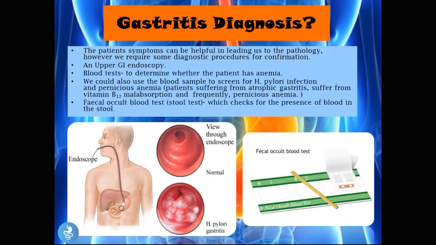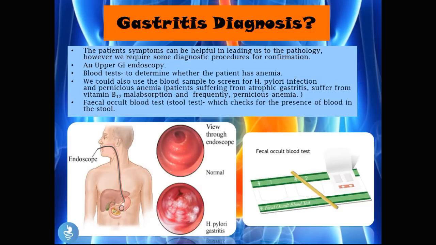We could also use the blood sample to screen for the H. pylori infection and pernicious anemia, because patients suffering from atrophic gastritis suffer from a vitamin B12 malabsorption and frequently have pernicious anemia. We can also do a fecal occult blood test, which is a stool test that checks for the presence of blood in the stool. So because that stomach is going to be inflamed, irritated, it's going to bleed out.